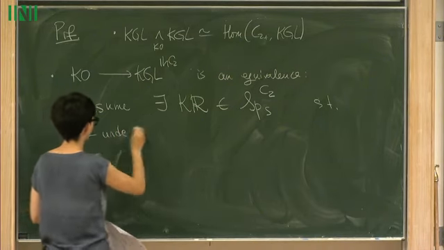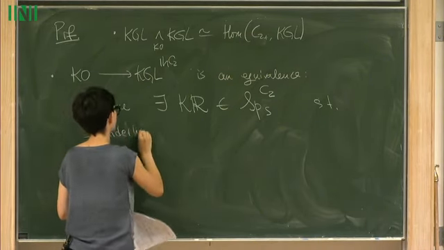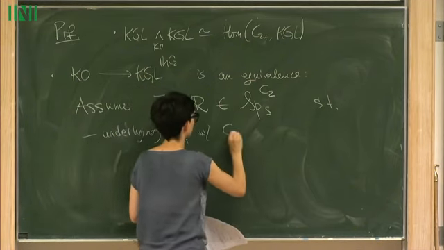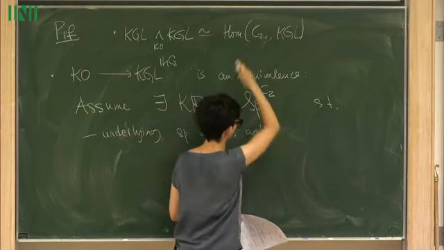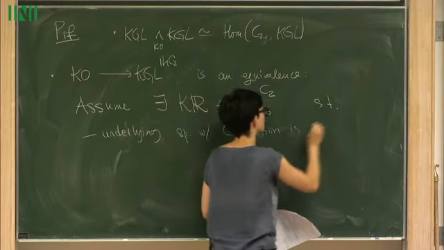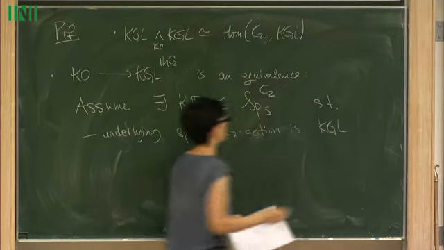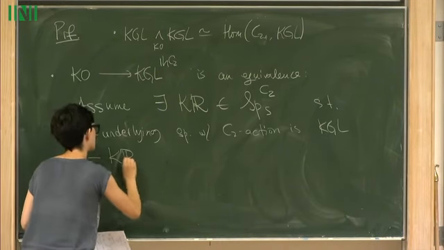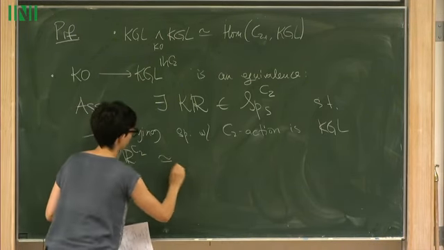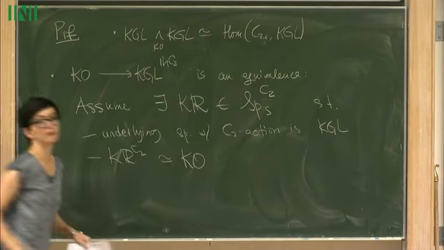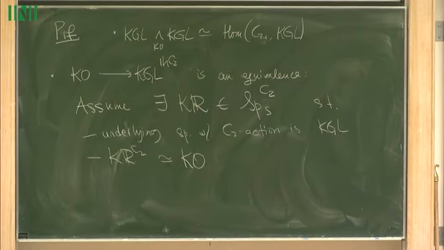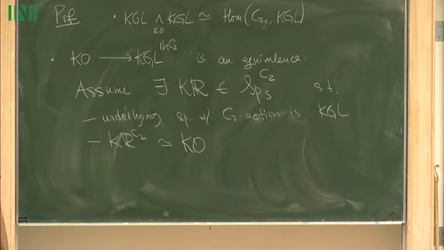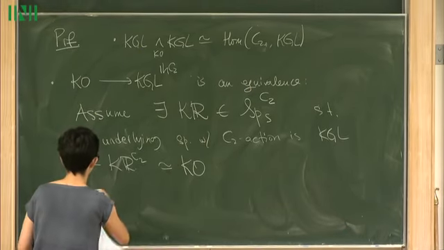Okay, so the underlying spectrum with C2 action is going to be just that KGL. If we take the categorical fixed points, we're going to get KO, the Hermitian K-theory spectrum, and we demand periodicities.